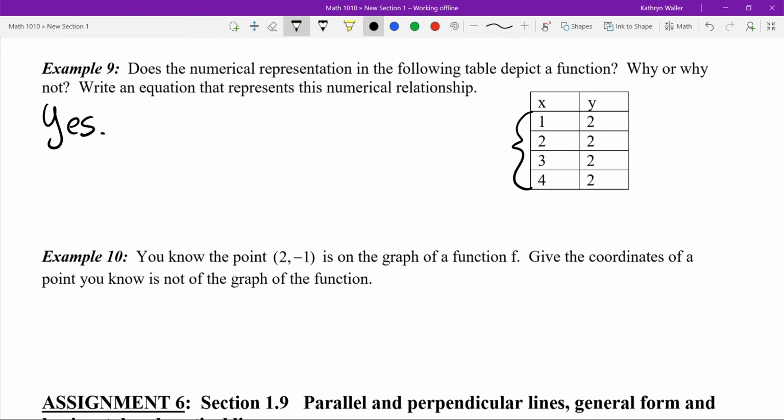Okay. Write the equation. You guys, what's the same about every single one of those points? The y value. So everybody write y equals. What's the y value equal to on all those points? 2. So no matter what x is, y is always 2. That's what happened.